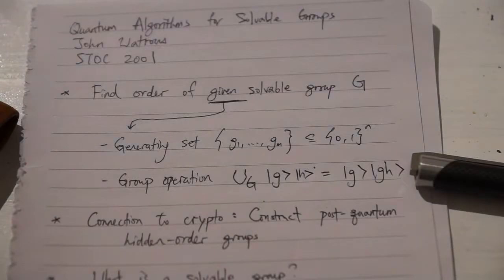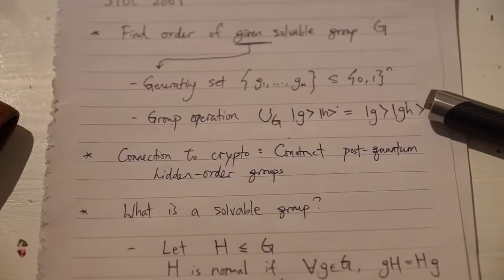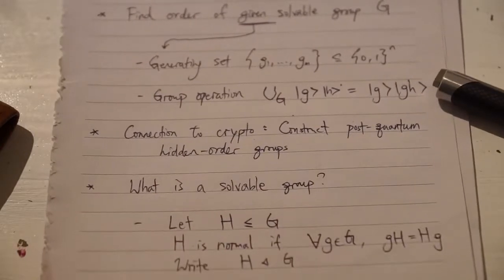Okay, so what does this algorithm have to do with cryptographers? At least for me, understanding the construction of this algorithm may help us understand how we can possibly construct post-quantum secure hidden order groups.